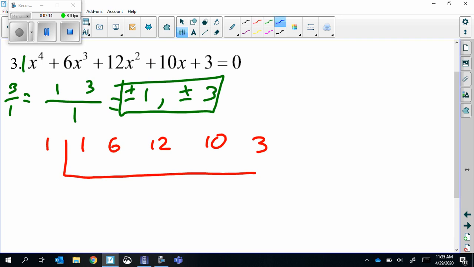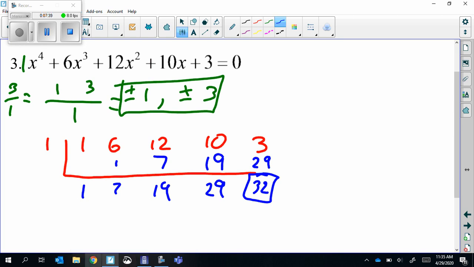So when we do this synthetic division, remember it's add and multiply. So add, multiply, add, multiply, add, multiply, add, multiply, add. So obviously this one does not work. We got a remainder of 32.